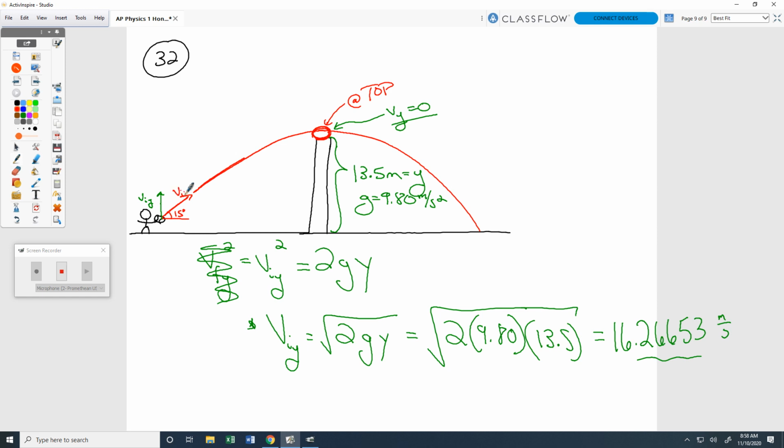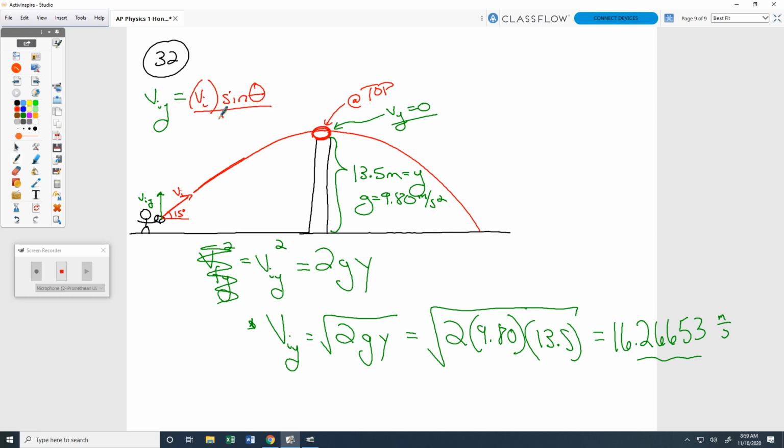Now is where the angle is going to become important, because we know that VIY can be found by taking my VI and multiplying by the sine of my angle. We've been using it to find VIY. Now what we're going to do is use it to find VI.